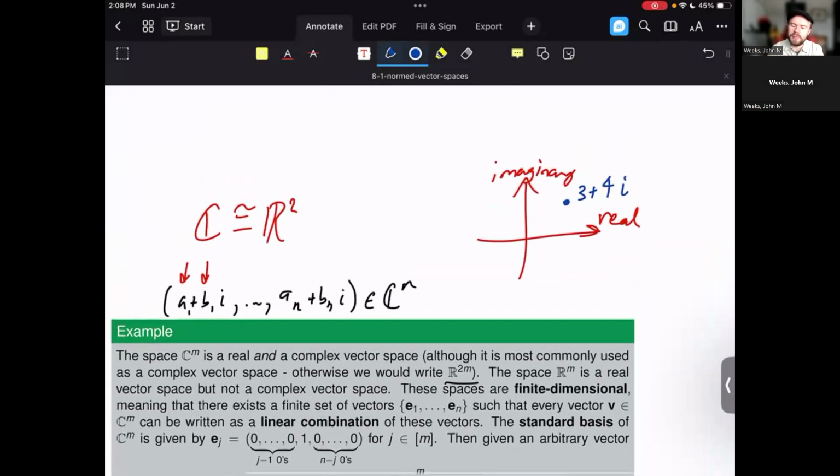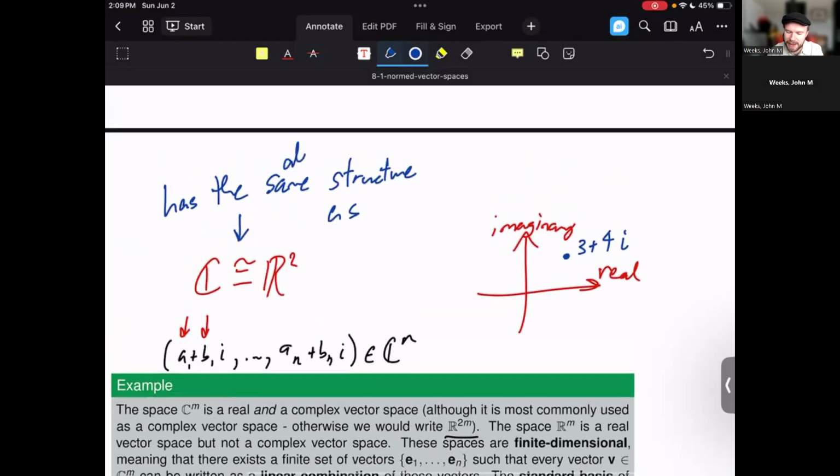This symbol that I'm using right here is that of something called an isomorphism. The isomorphism can mean just has the same structure as. And in particular, we're saying that they have the same algebraic structure. That means that they have the same notion of addition and scalar multiplication.